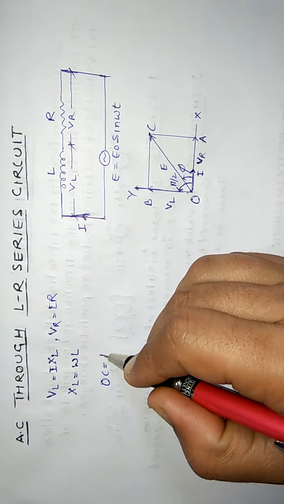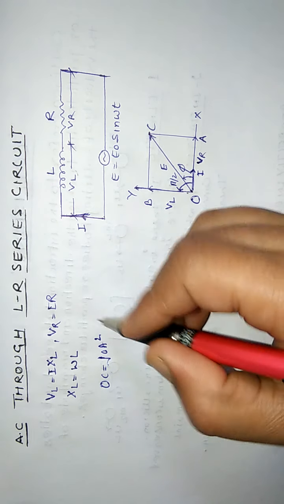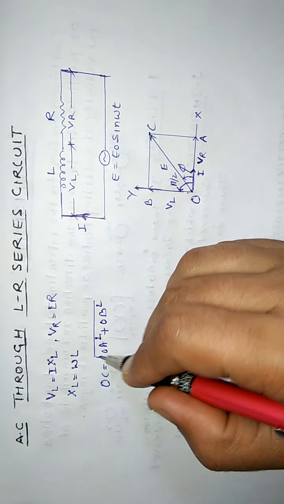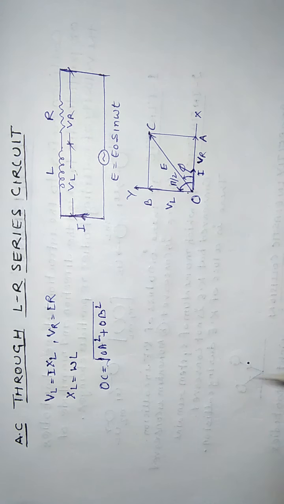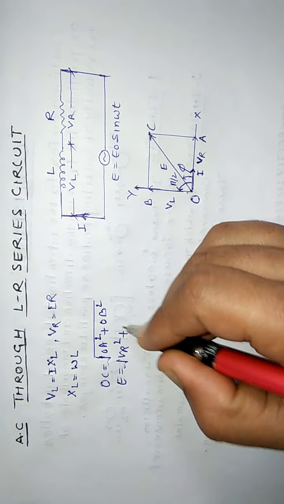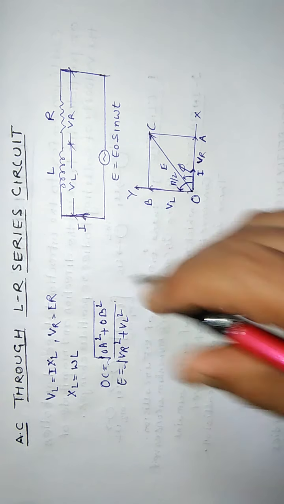OC is equal to under root OA square plus OB square, or E is equal to under root VR square plus VL square.